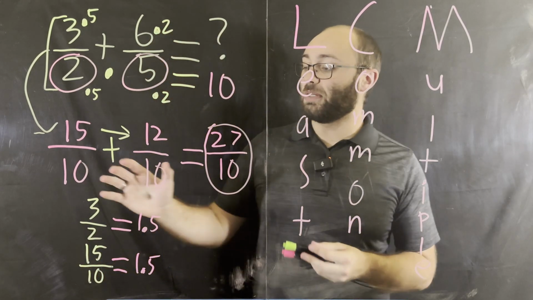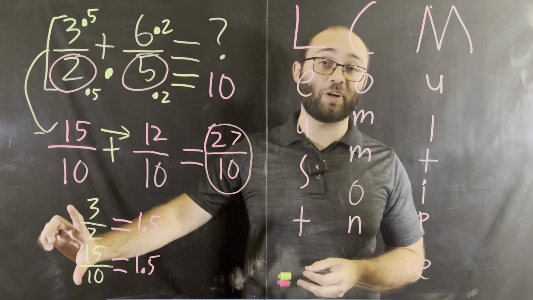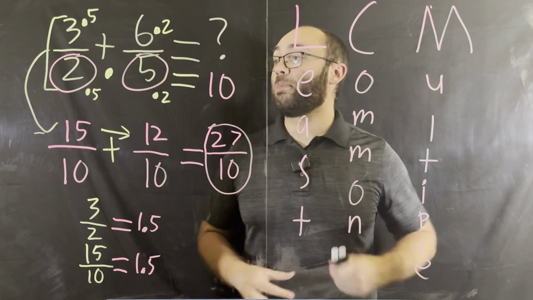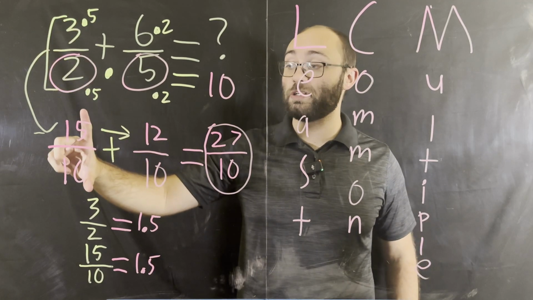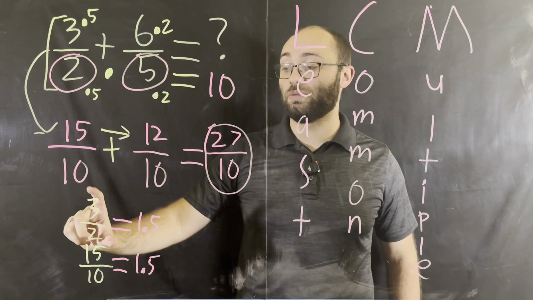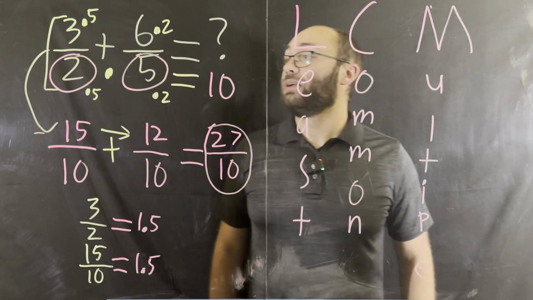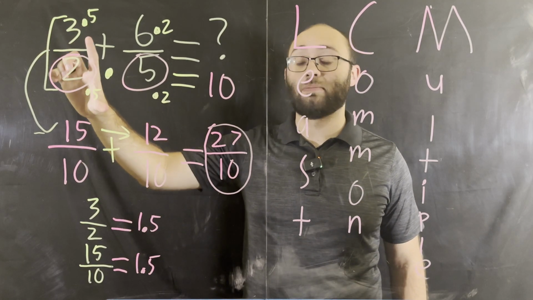So if we simplify these down, they're actually the same fraction still. They have the same ratio. It's just that we manipulated it a little bit. And by multiplying the top and the bottom by the same thing, we keep that ratio. And since we keep the ratio, it's actually the same fraction. So watch out. Make sure that you guys multiply both the top and the bottom by the same number.